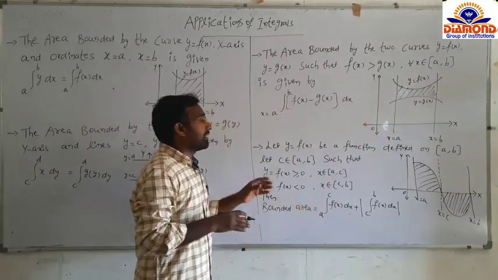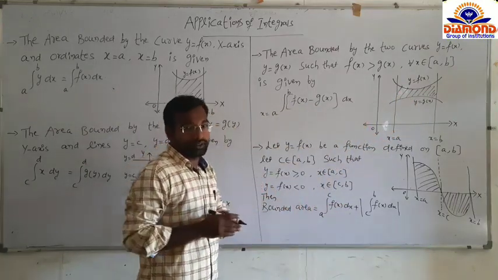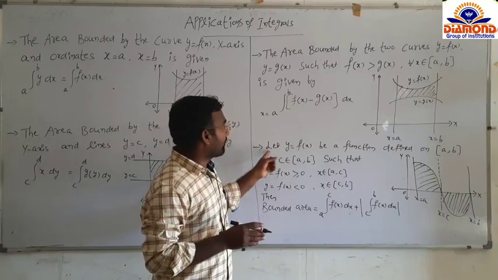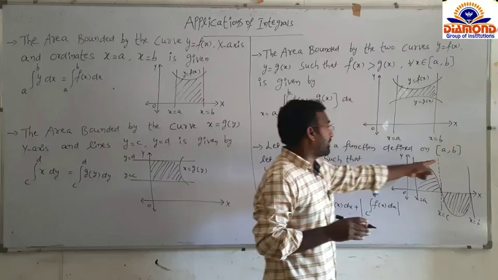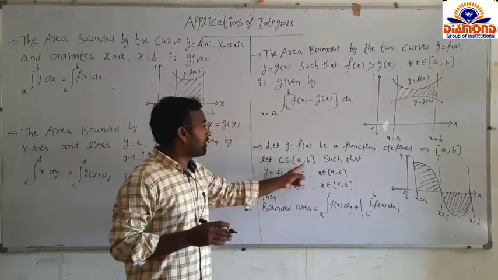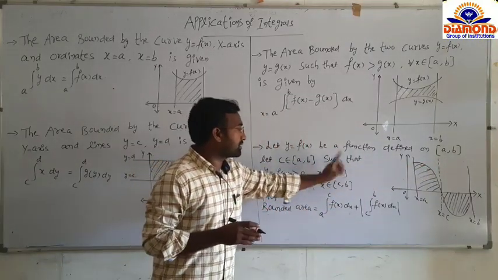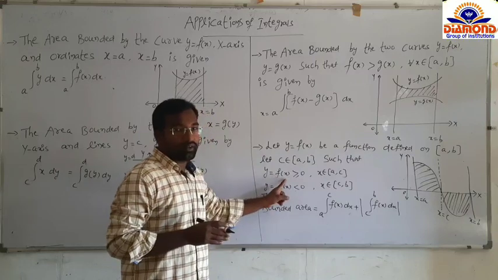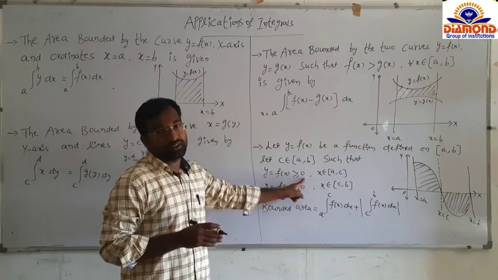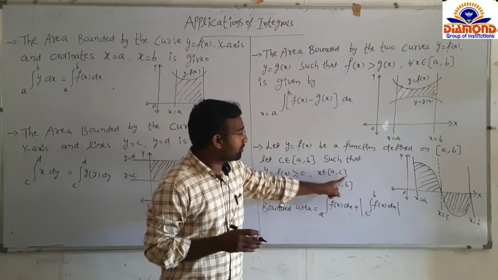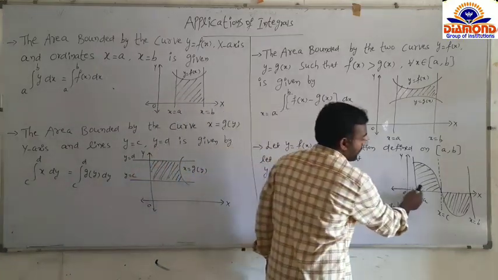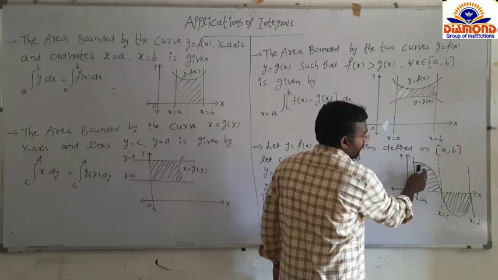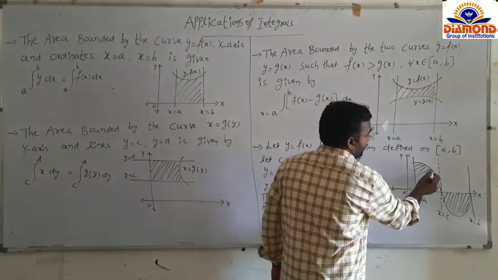Next, suppose the interval is divided by another point. Let y equal to f of x be a function defined on the closed interval a, b. Let c belong to the closed interval a, b such that f of x is greater than or equal to 0, positive, if x belongs to the closed interval a, c. So in the interval a to c it is positive, so we draw it on the upper side.